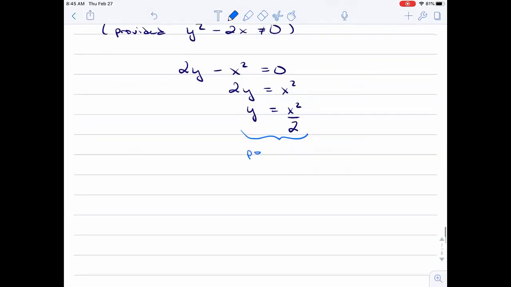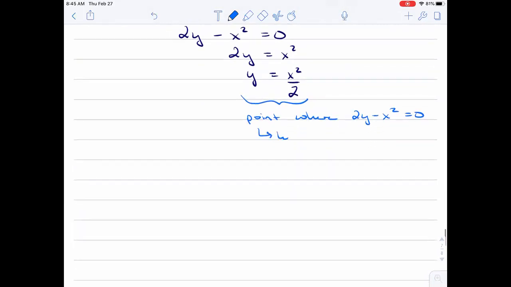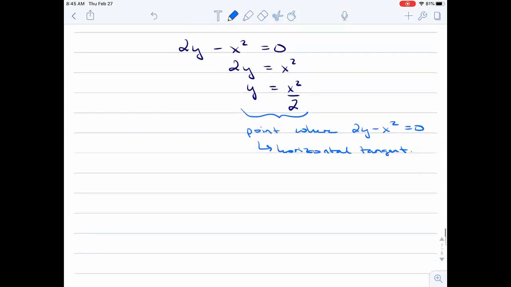This is the point where 2y minus x squared equals 0, which means we have a horizontal tangent. You could have just as easily solved for x, but usually we like to solve for y. That's just how we typically work.